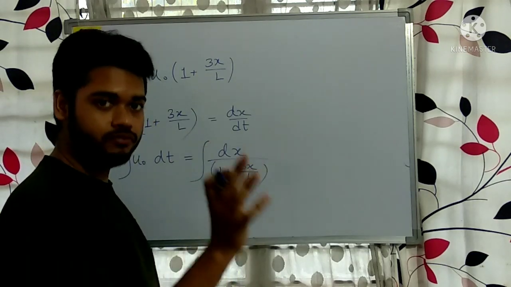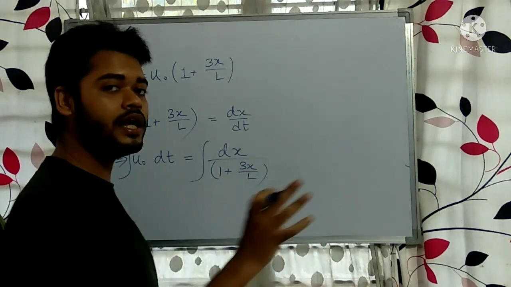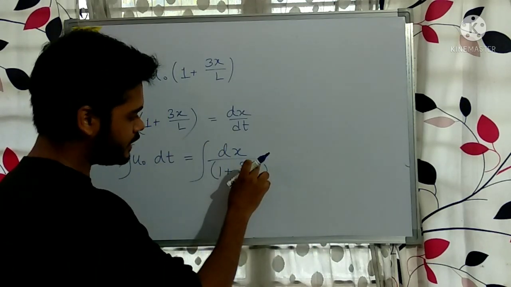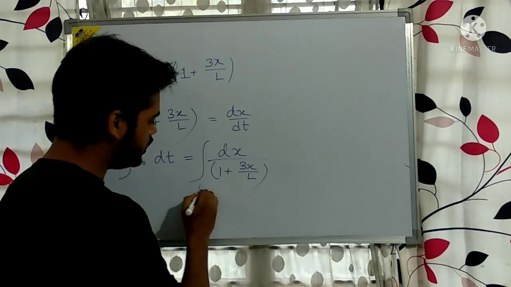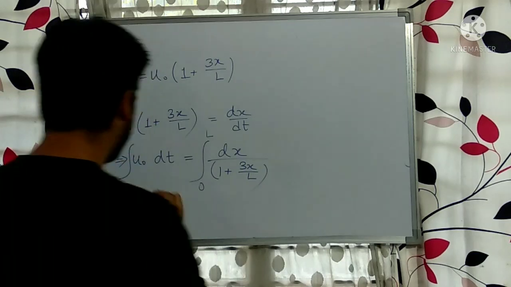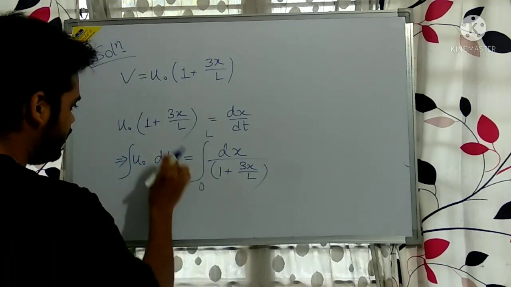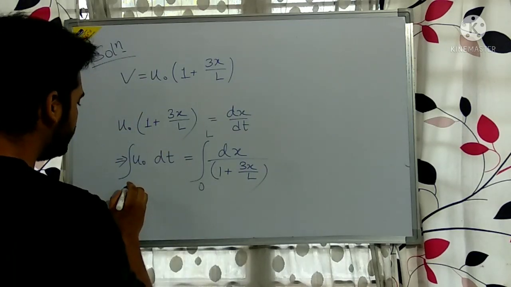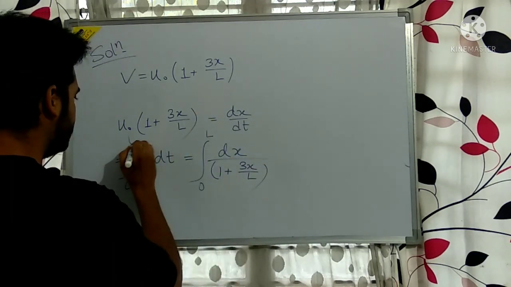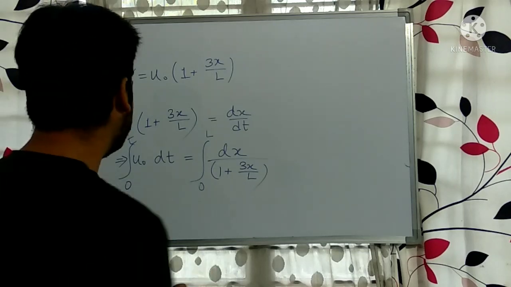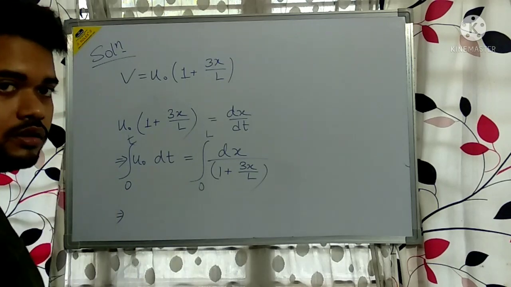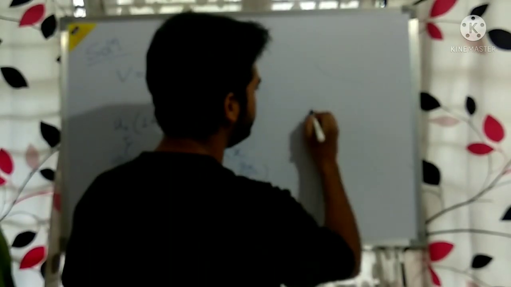L is a fixed value because L is the total length of the nozzle. Now what will be the limit? This x will move from 0 to the total length L. And t is the variable, so time will initially be 0, and let me take the final time as t.